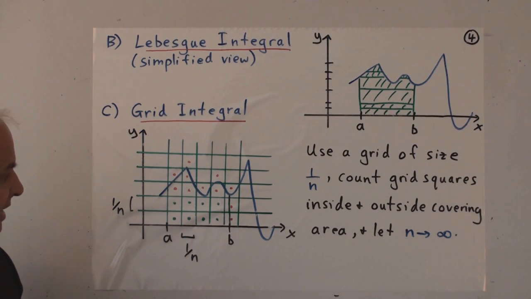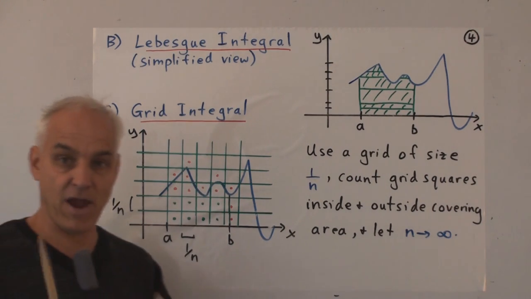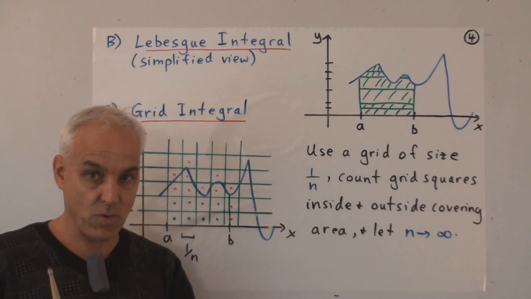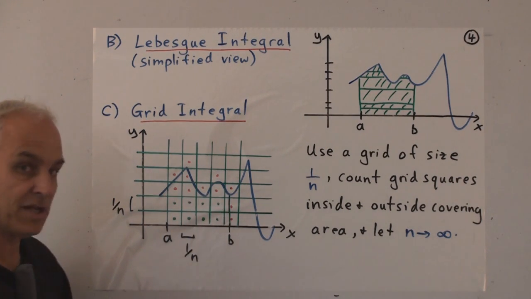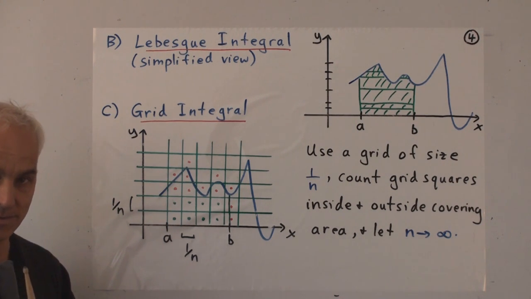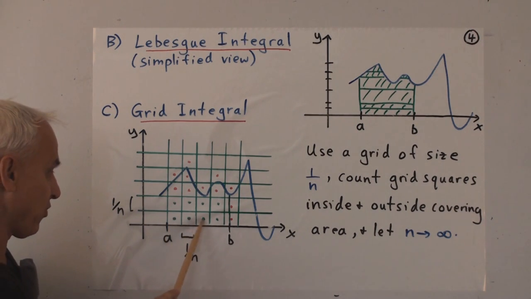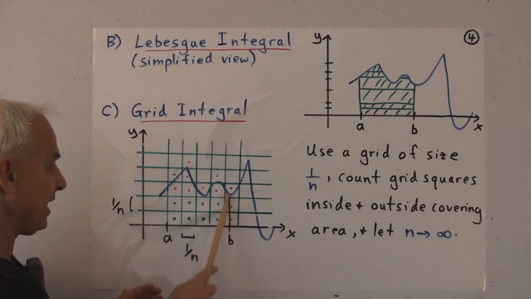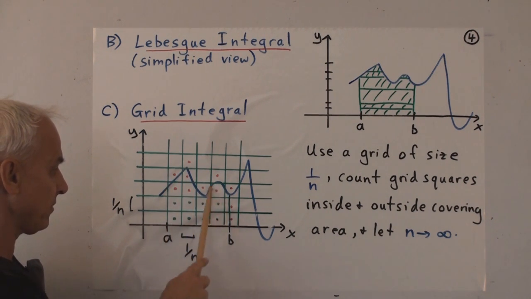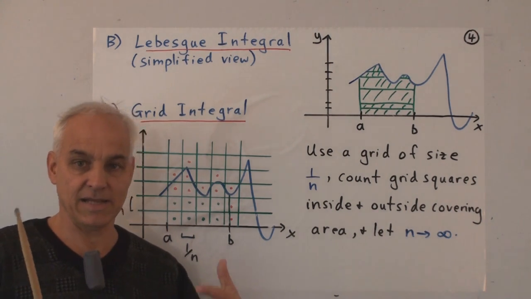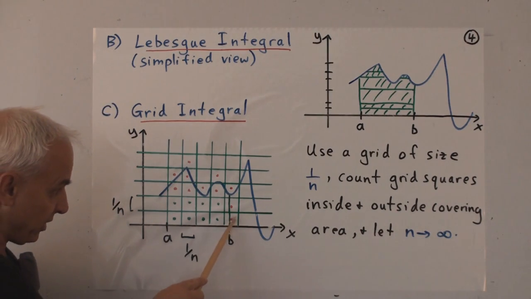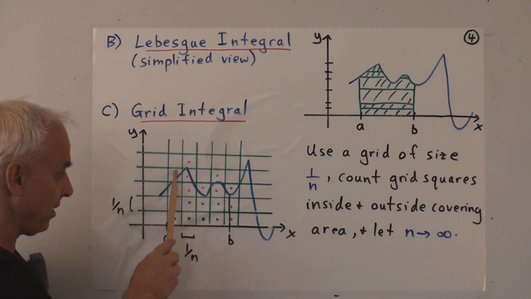Another possible approach is to take our function and superimpose on the plane a grid, like a piece of graph paper. Lots of little squares covering the plane, and then we look at which of those squares lie inside the region that we're thinking about. So for example here, the green squares would lie completely inside the region under the graph. And then we might also consider those squares which cover the region at least partially, which would then include these red squares as well.